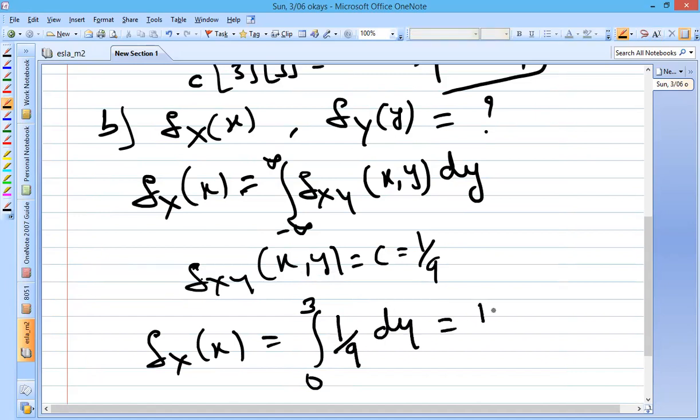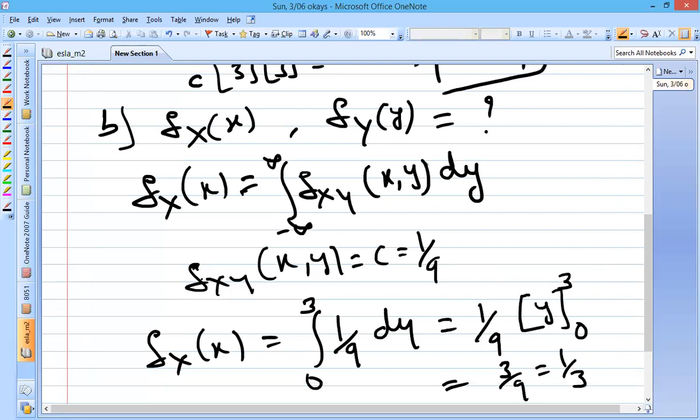Here 1 by 9 is a constant, and the integration of 1 with respect to y is y, with limits 0 to 3. Substituting the lower and upper limits, 3 minus 0 is 3. So we get 3 by 9, which is equal to 1 by 3. This is the marginal PDF for the random variable x.